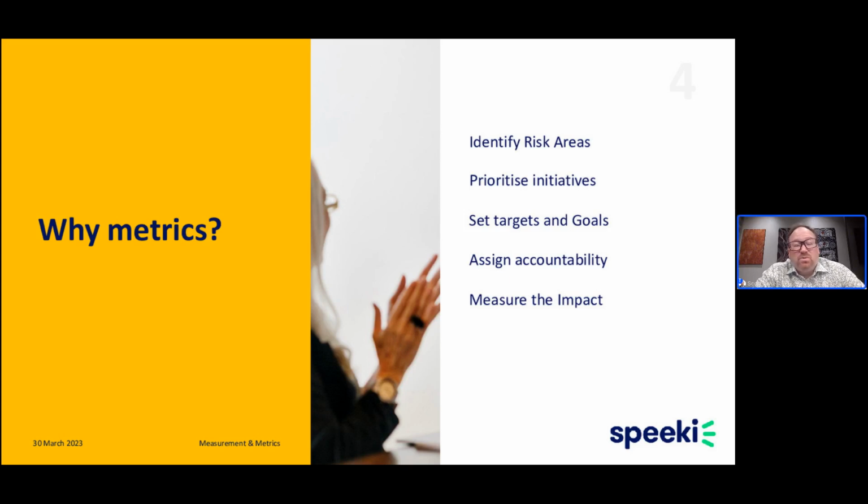And of course, with all things ESG, you want to measure the impact of what you're doing, the impact on stakeholders, the impact on the very people that I talked about, customers, employees, partners, suppliers, and of course, people who have invested in your business. So there are some very simple reasons why metrics are actually valuable and you need to focus on them.